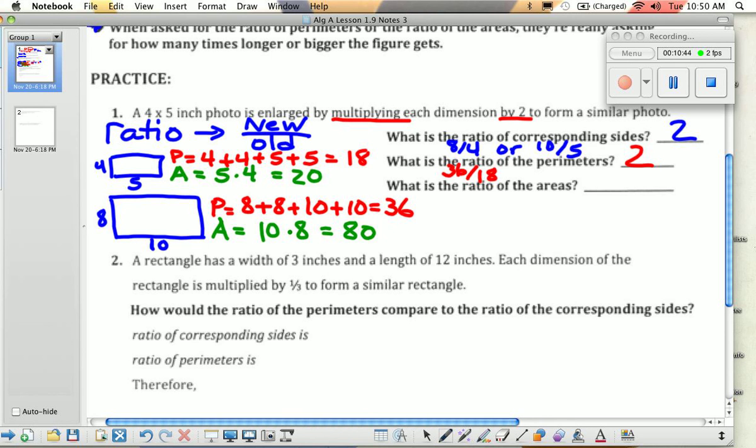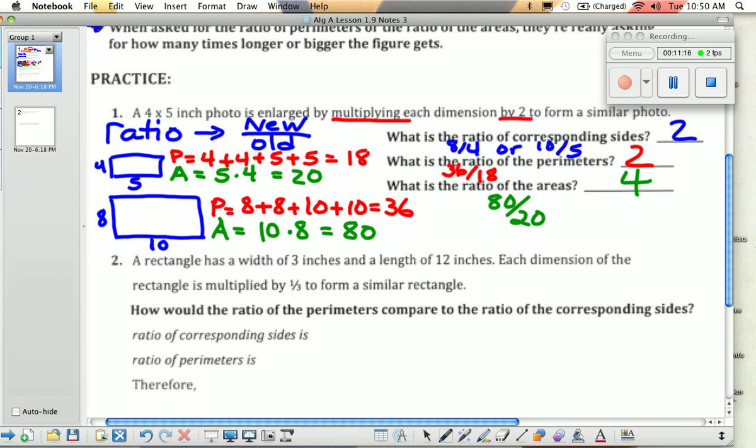Okay. Ratio of the areas. Which one goes on top? The new one, so the 80 over 20, and what does that divide up to be? 4. So the ratio of the areas is 4. Does this sound familiar? When we doubled the dimensions yesterday of our rectangle and our square, what happened to the area?